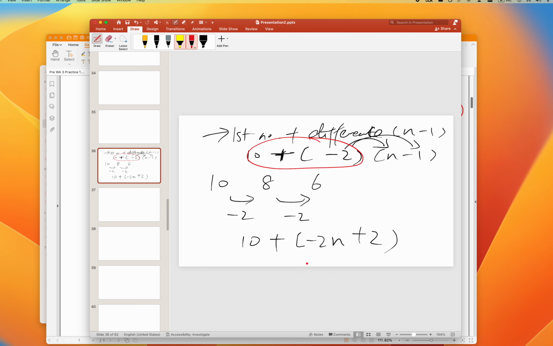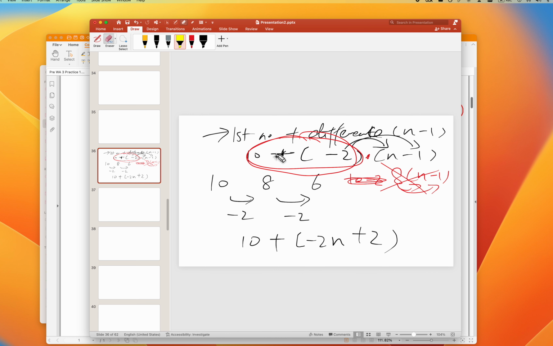Are you supposed to do plus first, or times first? Times first. A lot of students say, I see plus, 10 minus 2, so 8, so n minus 1, then they do the times. This one is wrong. You're not supposed to do the plus first.